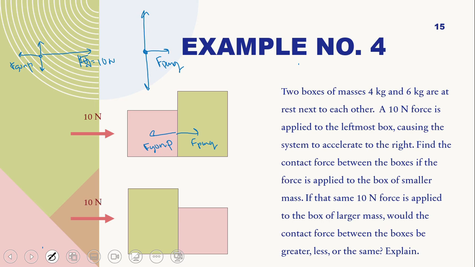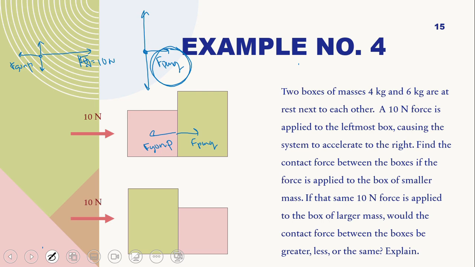They accelerate at the same rate. We can use this common attribute and the boxes' masses to find the magnitude of the net force on each box. Since the net force on the green box over here is just equal to the contact force, which is what we're trying to find, that's how we're going to be able to find it. We just need to find what this net force here is. And we're going to be able to do that via the acceleration of the system.